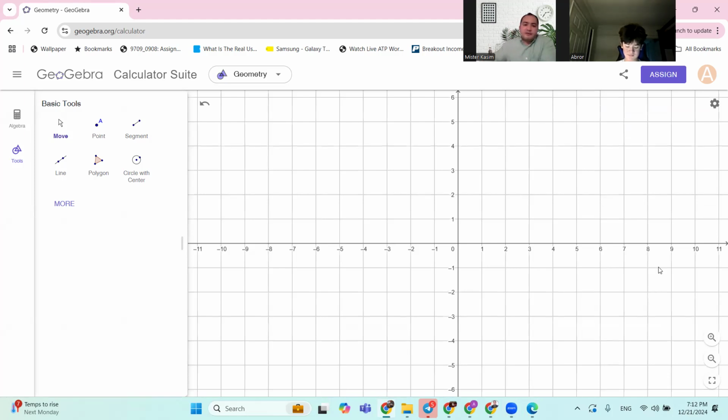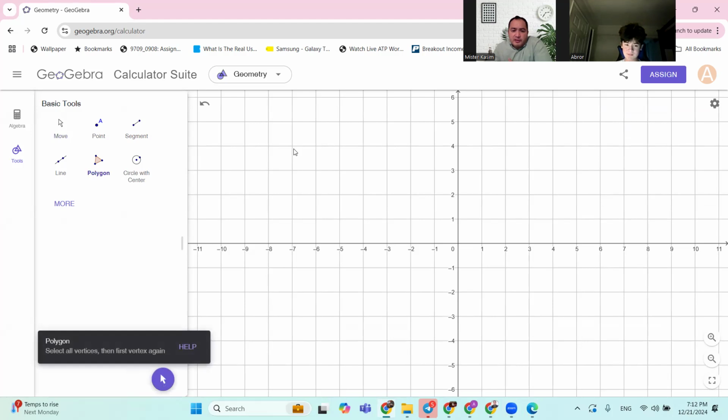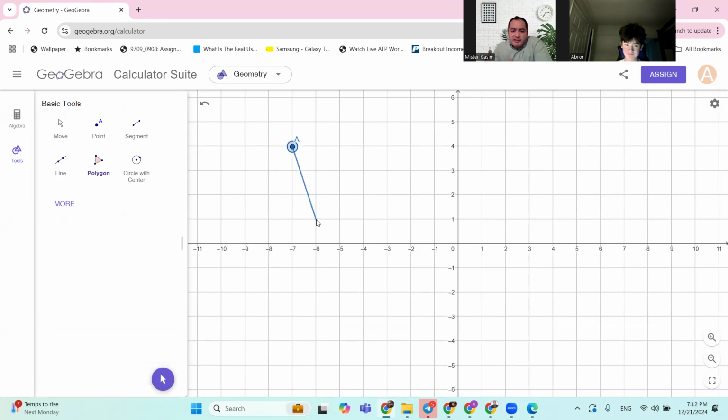Suppose that we are given a triangle. Tell me the coordinates. Let's say the first point is here, the second point is here, and the third point is here. Now this is a triangle. What are the coordinates of A?